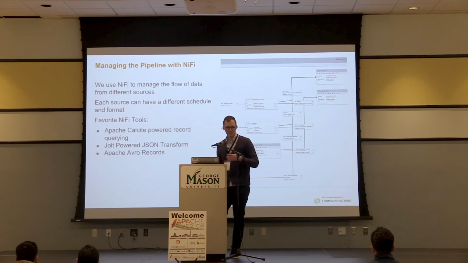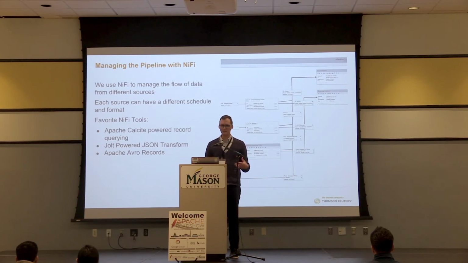So some of my favorite things in NiFi: I use the Apache Calcite record querying, and that allows us to leverage some of our traditional data warehousing team members and their knowledge of the data sets, where they can write SQL, and we can manage and maintain that within NiFi.